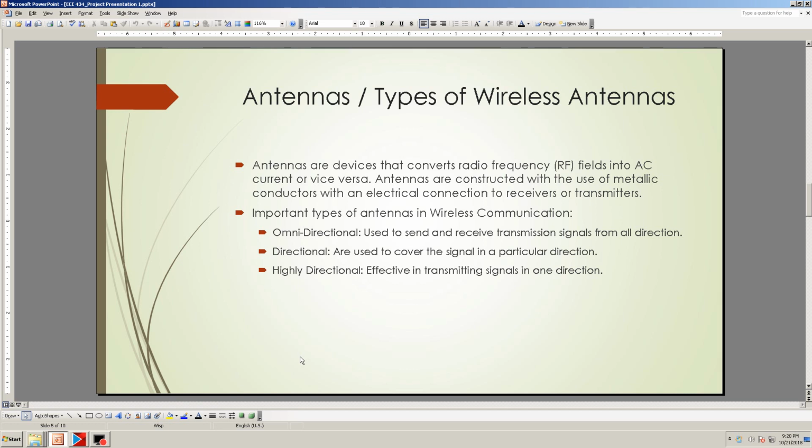Antennas are devices that convert radio frequencies, or RF fields, into alternating current, or AC current, or vice versa. Antennas are constructed with metallic conductors with an electrical connection to receivers or transmitters.